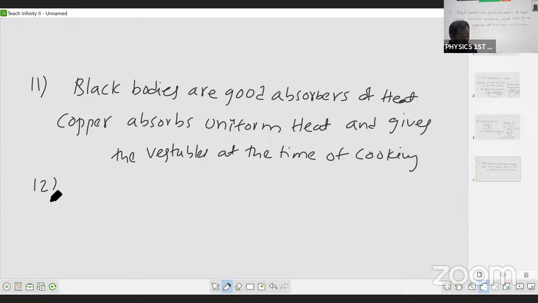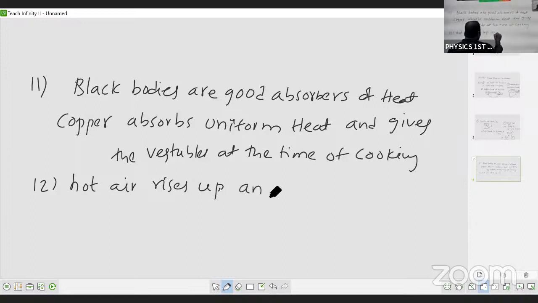Ventilators are provided in the room just below the roof, meaning hot air rises up. Hot air is nothing but low density. Hot air rises up and cold air comes in.